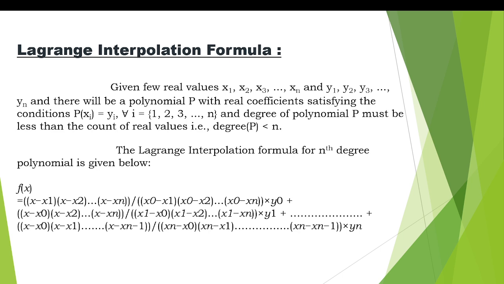Say f of x is equal to x minus x1 into x minus x2 up to x minus xn divided by x naught minus x1 into x naught minus x2 up to x naught minus xn into y naught, up to x minus x naught into x minus x1 up to x minus xn minus 1 divided by xn minus x naught, xn minus x1 up to xn minus xn minus 1 into yn. This is the formula of Lagrange interpolation method.